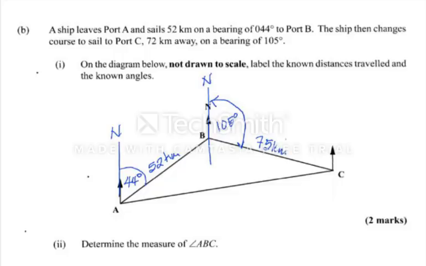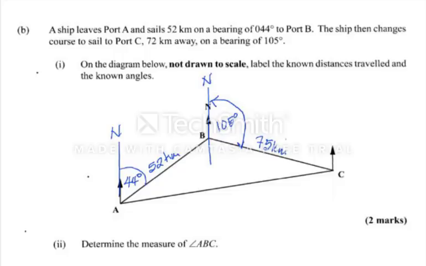All right. So the next thing we're asked to do is, on the diagram below, not drawn to scale, label the known distances traveled and the known angles. So we did that. We know that this angle here is 44 degrees. The angle here is 105 degrees. And the distances are 52 kilometers and 75 kilometers.